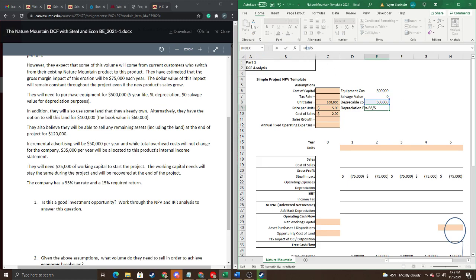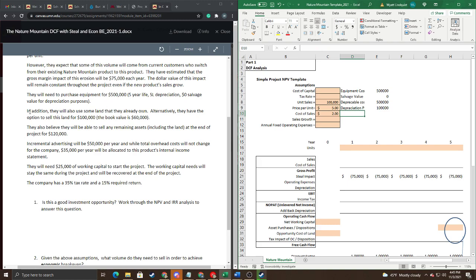Depreciation per year is going to be $100,000. All right. So we just calculated all that out. We're going to need it later. So this is another assumption that we're going to have.